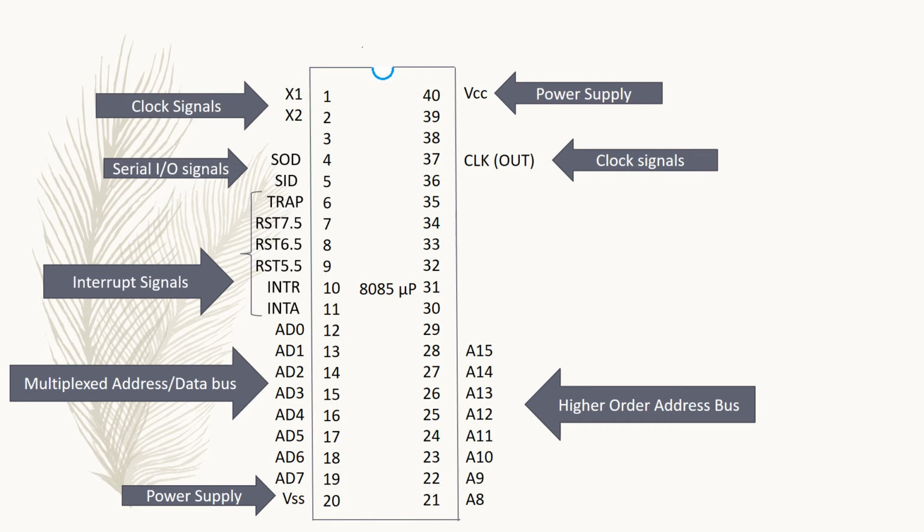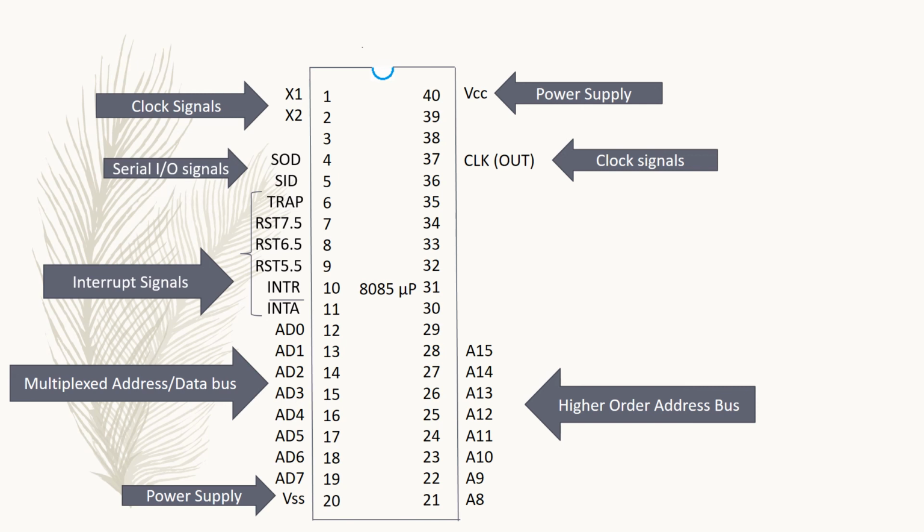Now let us discuss some fill-ups related to the pin configuration so far. First, which is the non-vectored interrupt? That is INTR. The only non-maskable interrupt is TRAP. The pin used for serial input data transmission is SID.